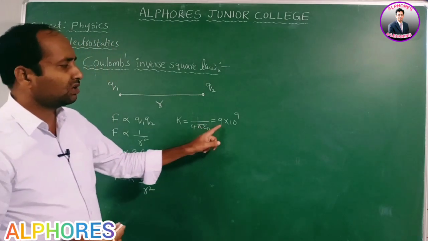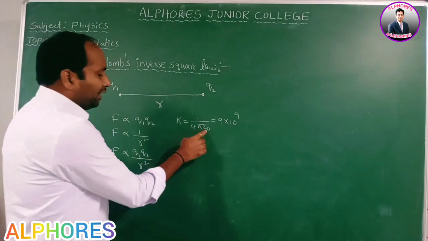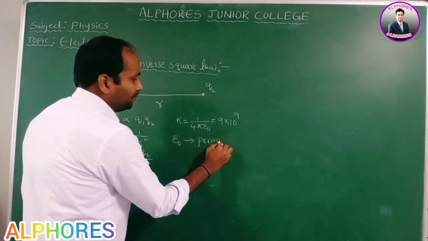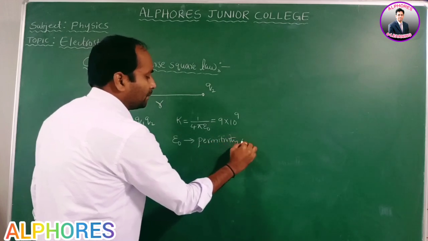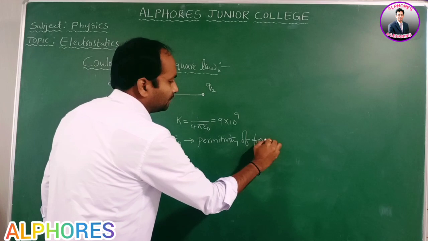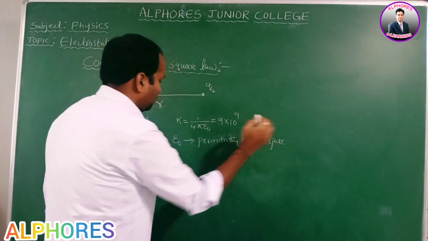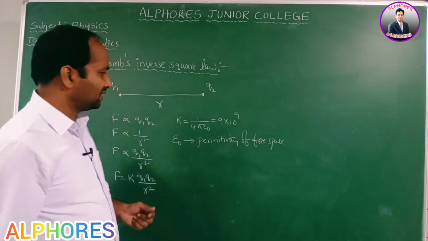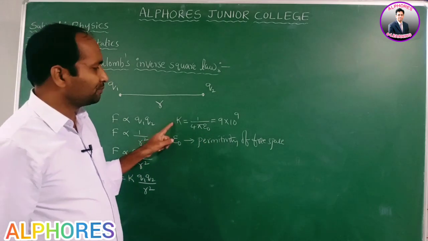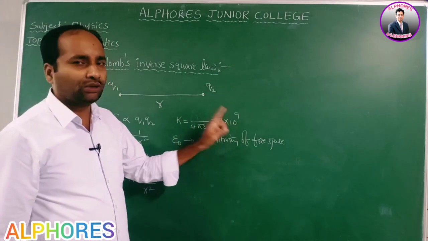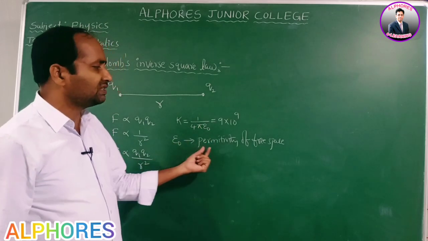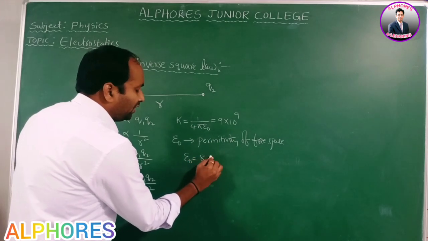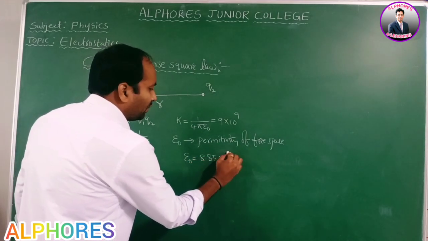Epsilon naught is called the permittivity of free space, and its value is 8.85 into 10 to the power of minus 12.